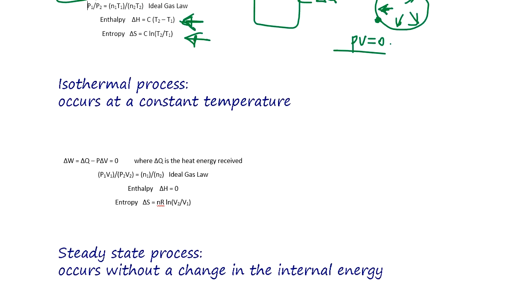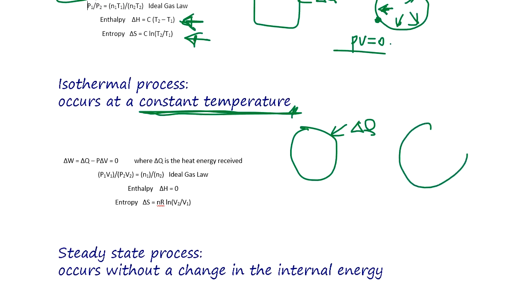Isothermal process, constant temperature. In this process you keep the temperature fixed after you give delta Q. So what happens is it expands in such a way that the same temperature is kept.